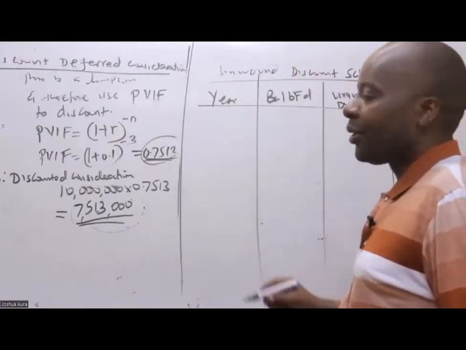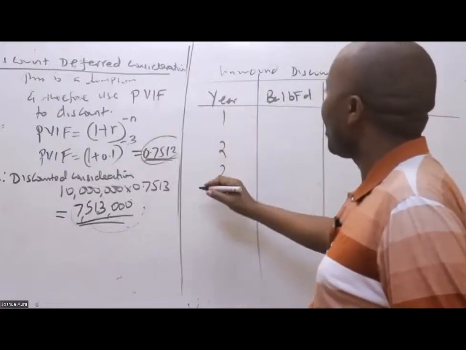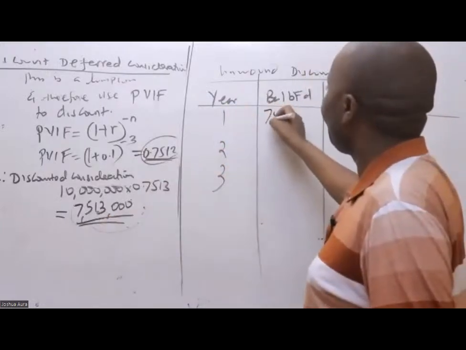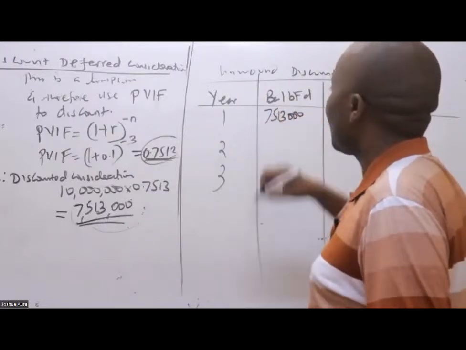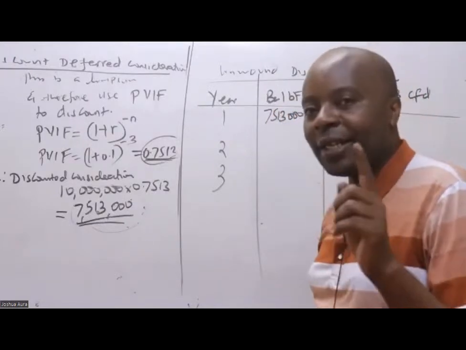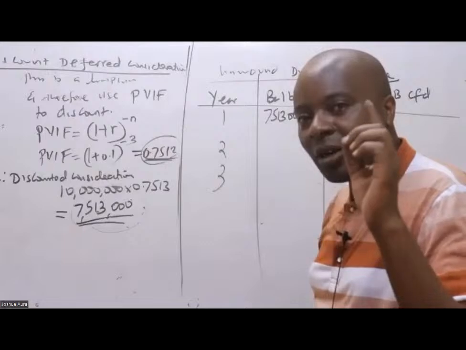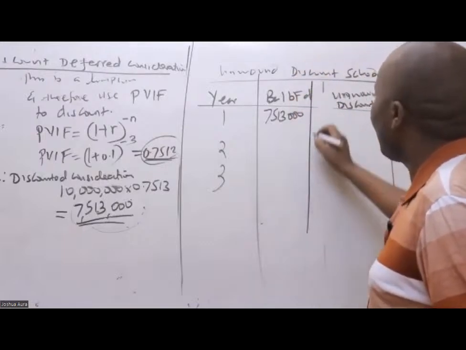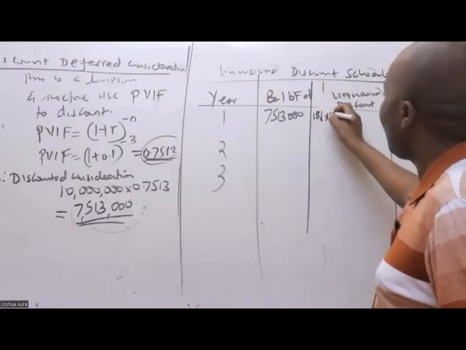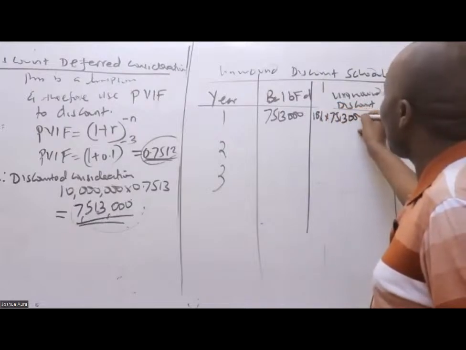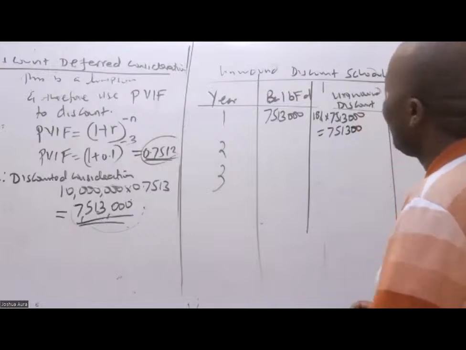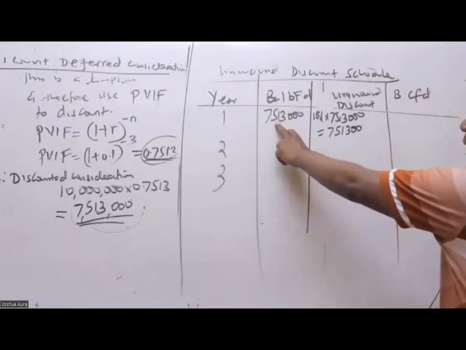Again, it's time. So we have 3 years, 1, 2, 3. So balance brought forward is this one here, 7513. Remember, to unwind the discount, we use the cost of capital. So like now here we'll talk of what here somebody will come on top of 10% of 7513,000, which will be 751,300. So balance carried forward will be this plus this.